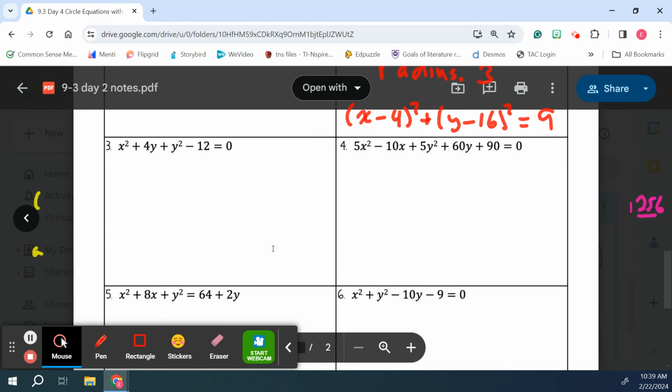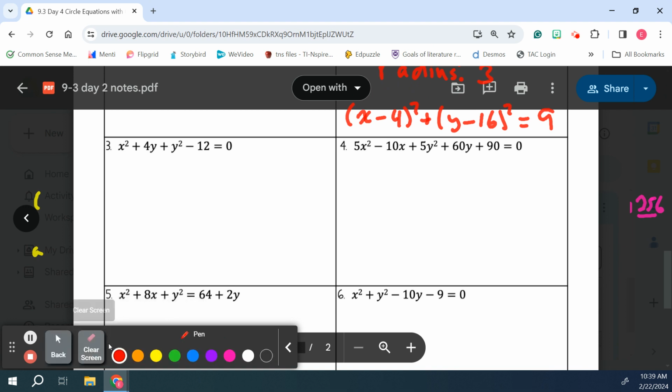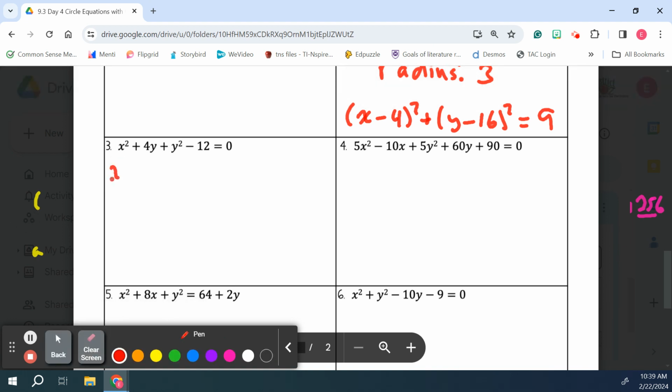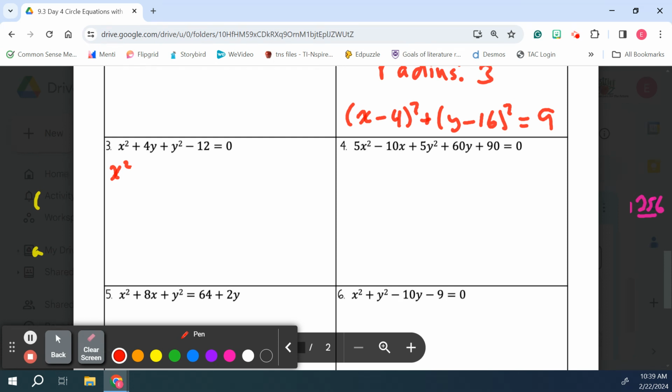All right, let's take a peek. Number 3. So again, we have x's and we have y's. So I am going to rewrite this as x squared plus, well, I don't have anything else, right? For x's, I'm just left with x squared here.